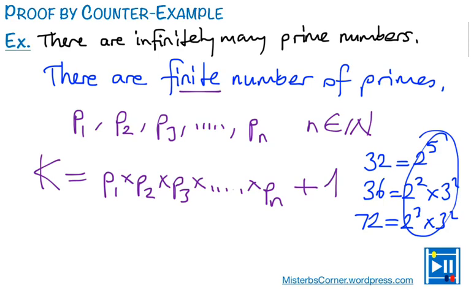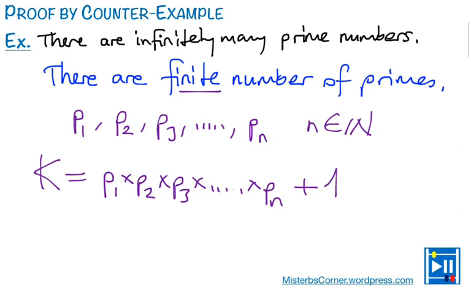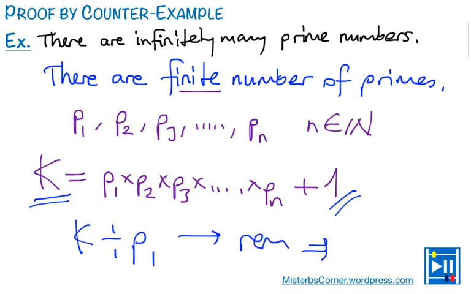So what I'm saying is, if k is such a number, then there should be prime numbers which we can use in a product to get k. Now, whichever prime you use to divide k, you will fail because of this plus 1. If you try to divide k by P1, you're going to get a remainder of 1.